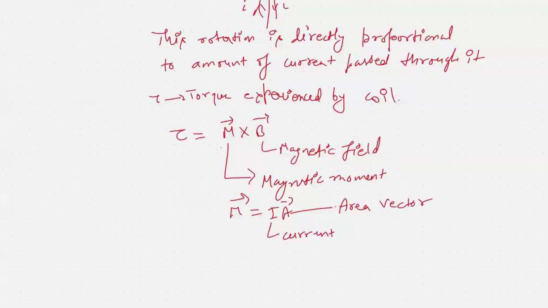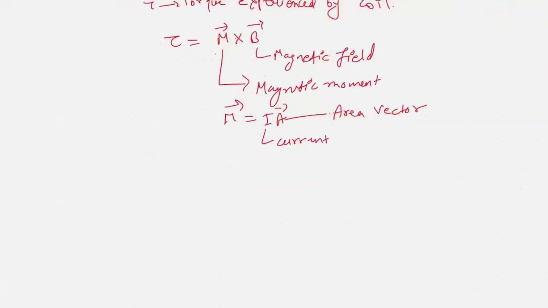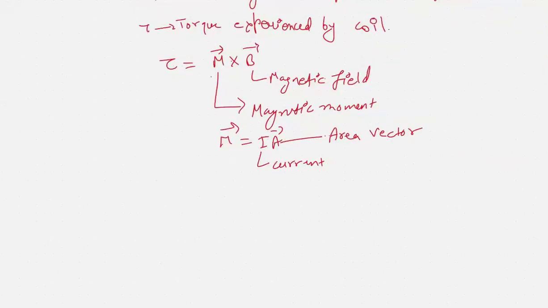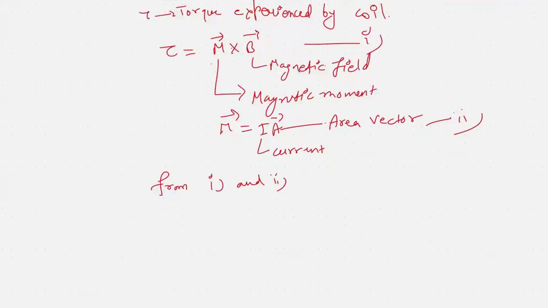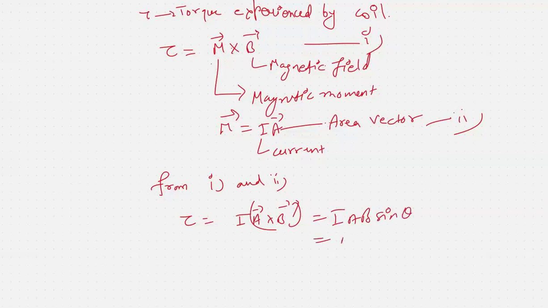As I said, if you see carefully, Kirtana, if I say this is the first equation and this is the second equation, from equations first and second, I can simply say that the torque is equal to I times A cross B. Finally, you can also call it I times A B sine theta, or in other words, M B sine theta.